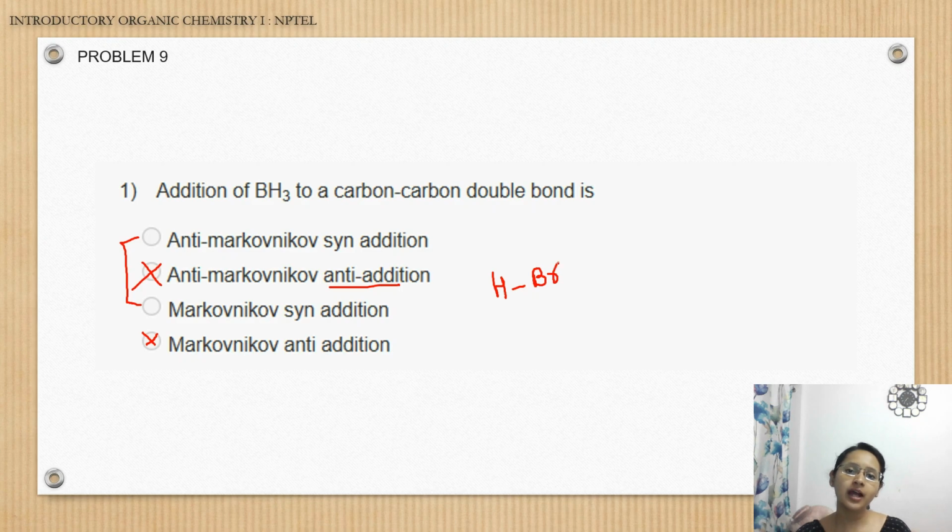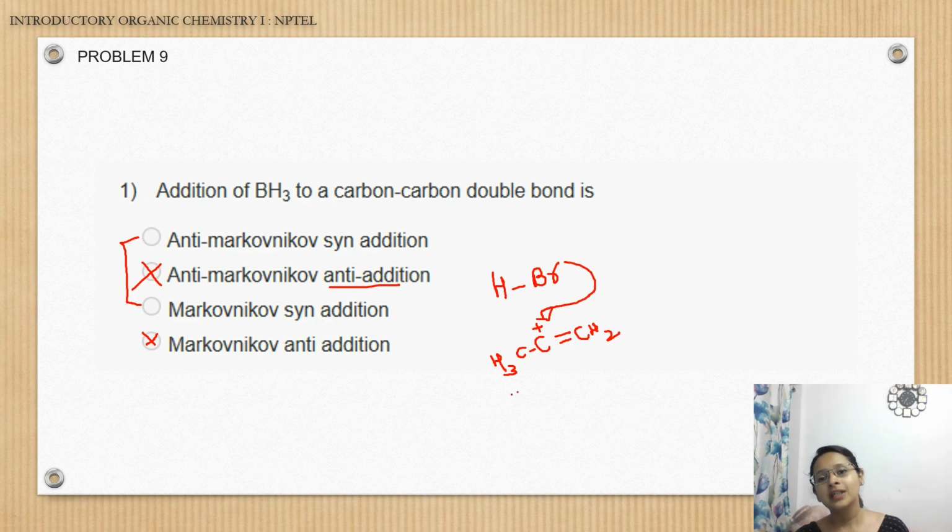So if you have to add HBr onto, let's say, this propene, then the carbocation will be generated here and Br will be attacking onto this.